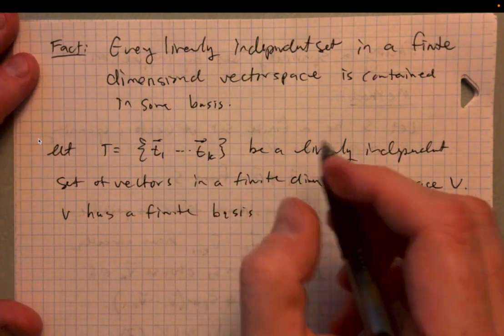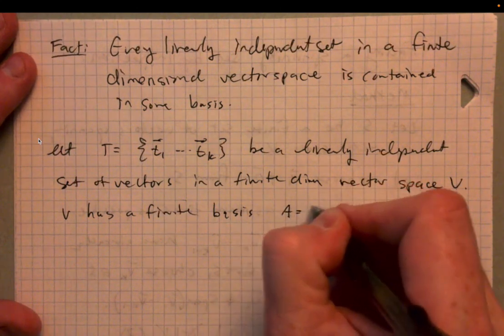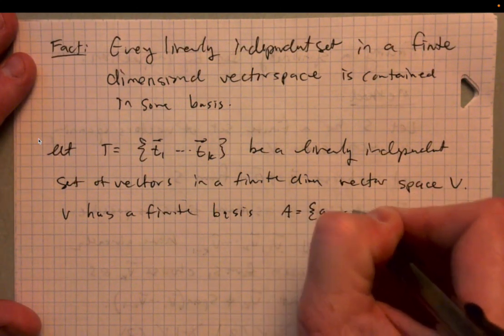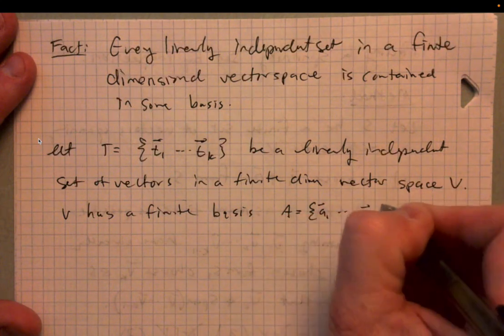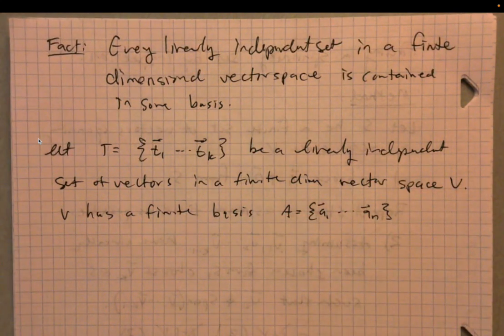V has a finite basis. Let's call the basis A equals A1 through AN. So this is the basis for V.